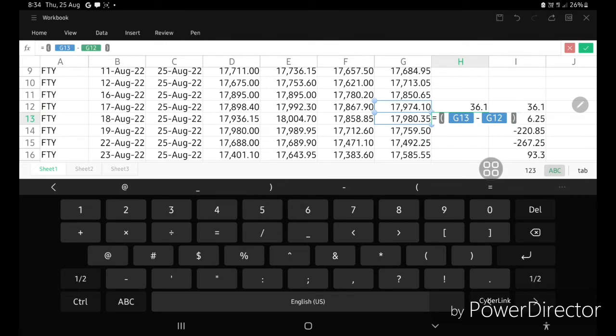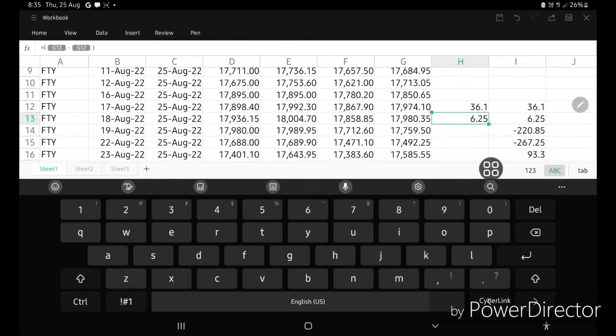Opening price minus closing price, and whatever little profit that you make, or whatever points that you get, it is getting credited to your account or debited to your account according to the profit and loss that you make per day. So what happens on that closing price, the next day future starts. It's like that. So that's why I'm doing this.